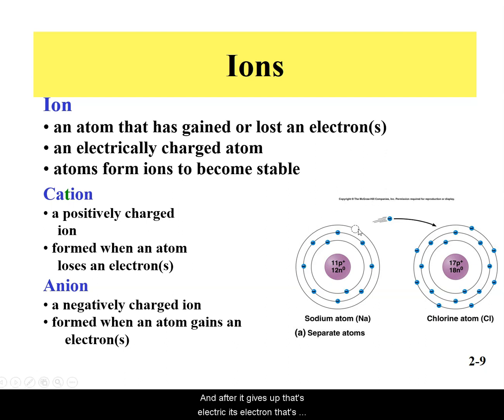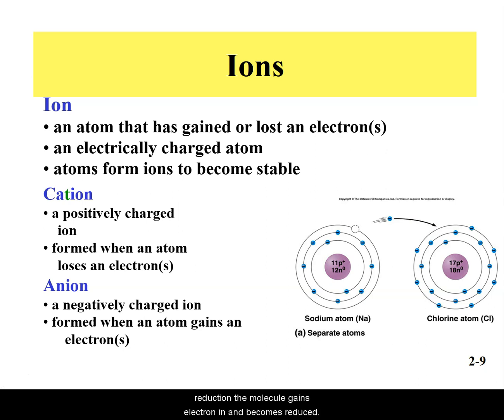And after it gives up its electron, that's called oxidation. Oxidation is when electrons are donated to another atom or lost, and this atom will become oxidized. Okay, now the chlorine is receiving this electron, and we call that reduction.